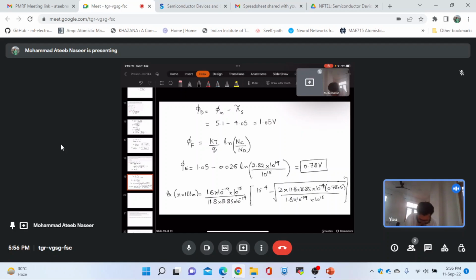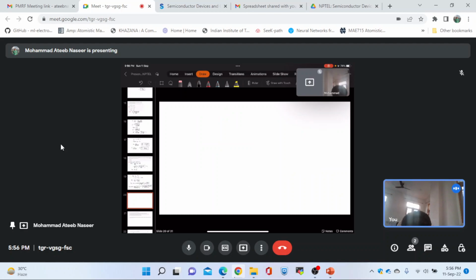Let me solve this expression on my calculator.